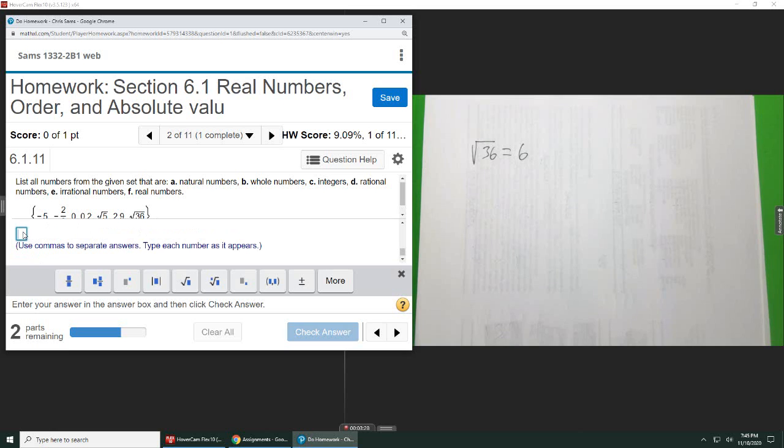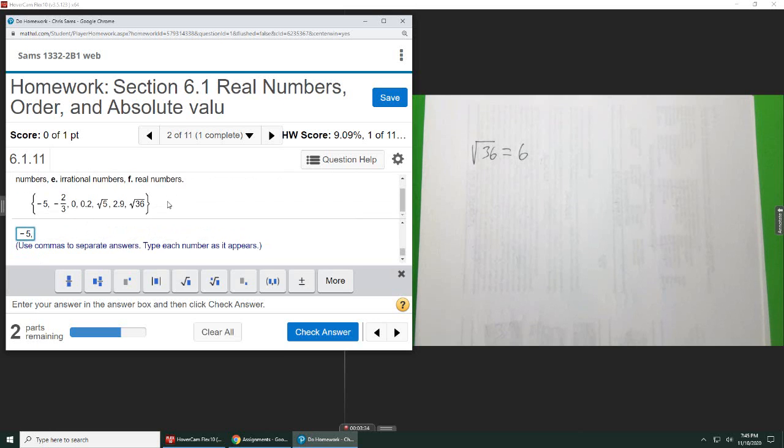So -5, -2 divided by 3, and then comma, 0, and then 0.2, and then 2.9, and then the square root of 36. So all of those numbers.